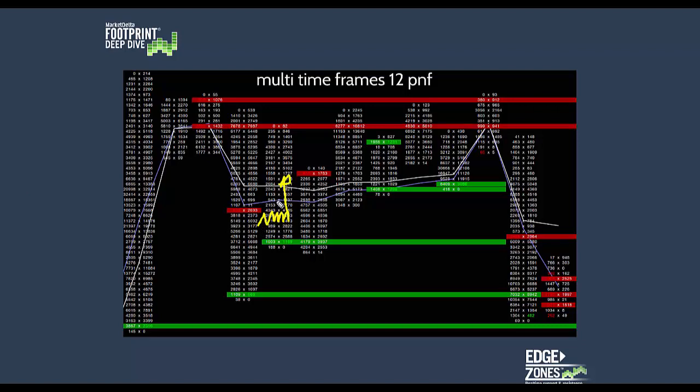So that's the one thing you want to make sure when you're looking at higher time frames or higher number PNFs, that it looks like it didn't hold, but if you look at a 4 PNF, it did. We'll get into that when we go over some higher time frames on different charts. So I could show you stuff by just going back and forth without just having it be an image. So remember that.